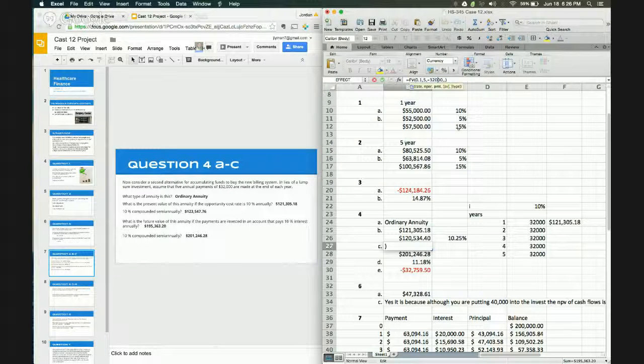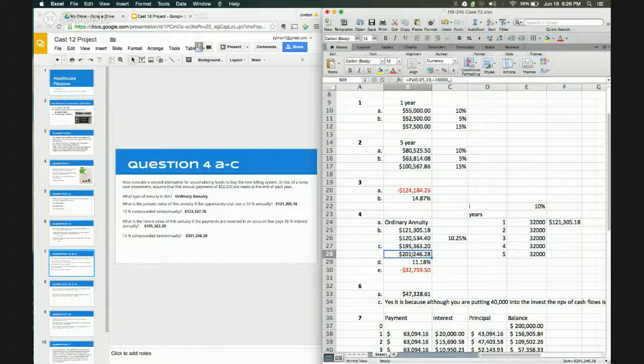The payments are negative $32,000, and there is no present value because we don't have an initial starting amount. So as you can see, the answer is $195,363.20.